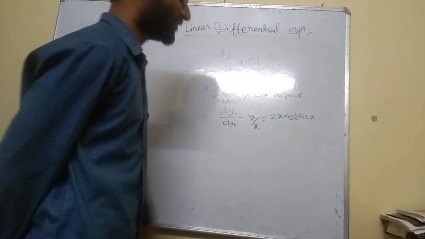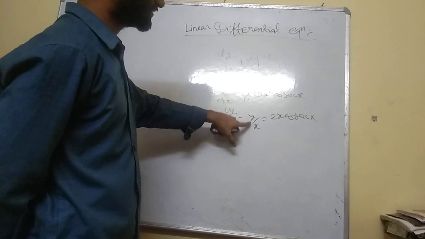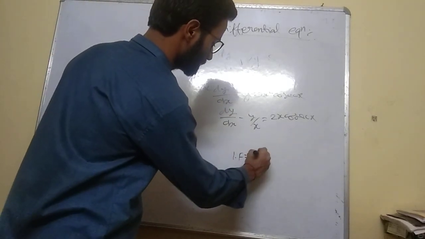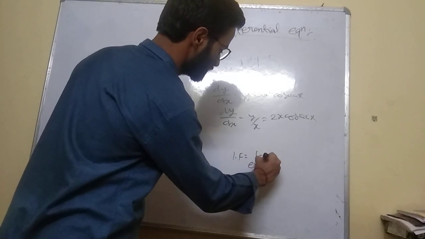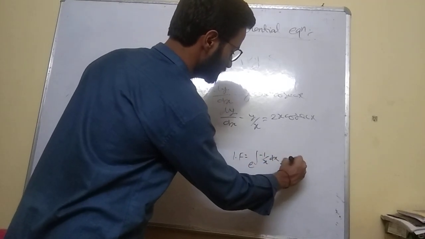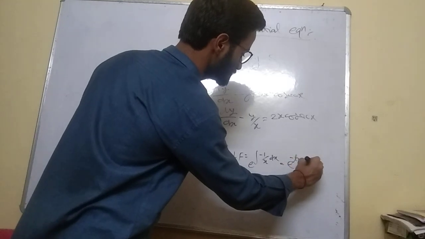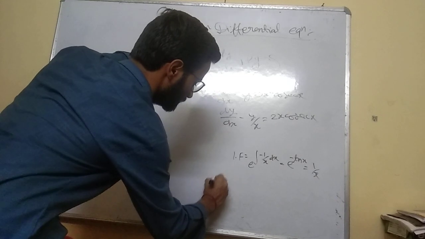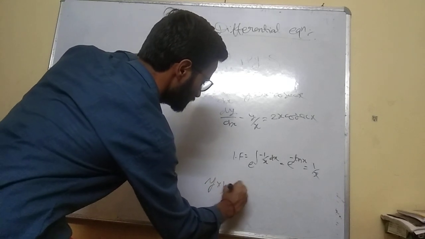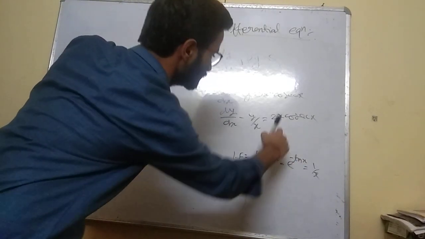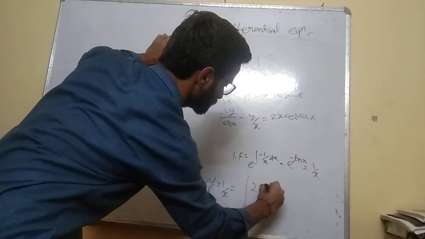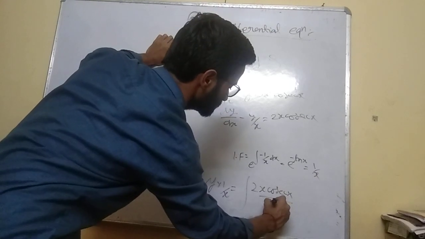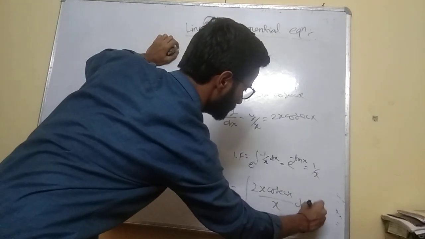And now it is very easy for you to understand. You can consider that P is equal to minus 1 by x. So the integrating factor will be e to the power integral of minus 1 by x dx. That will be e to the power minus log x, which is equal to 1 by x. So this will become y multiplied by the integrating factor is equal to the integral of Q, 2x cos x, multiplied by this integrating factor, dx plus c.